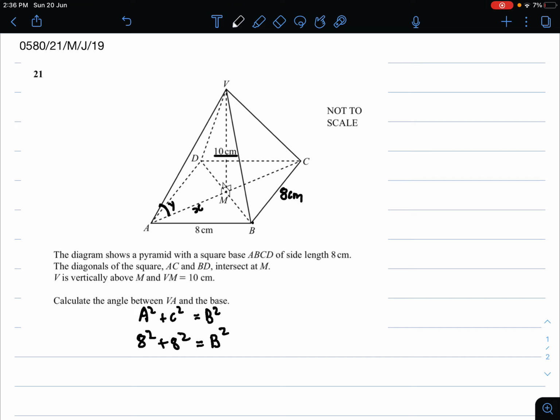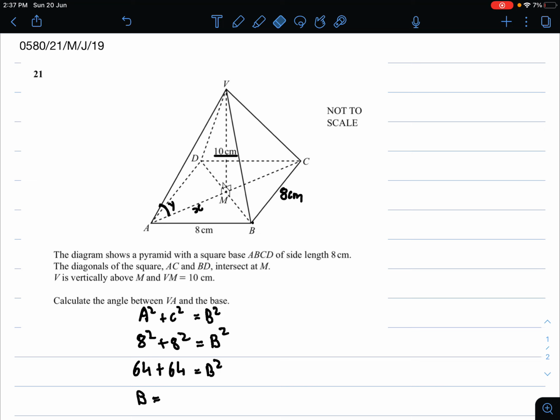8 square is 64, so 64 plus 64 is equal to b square, and therefore b is equal to root of 128, because when you move the exponent to the other side of the equation, it becomes the root of that number. If it is b cube, then it would become cube root. Since it is b square, it becomes square root.